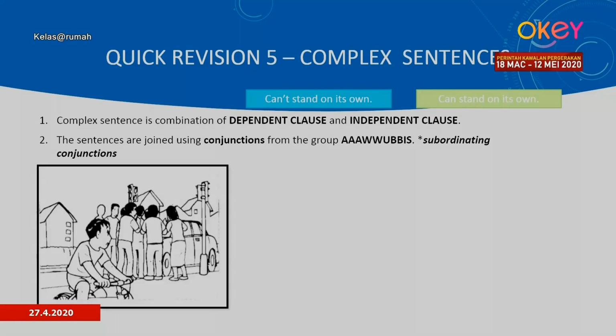Let's look at the example. Yes, the same picture. Let's say I have two sentences in my mind. The first one, since Aiman was curious. Next, he stopped to have a look at the situation. Alright guys, if you notice, the first sentence, since Aiman was curious, something is not right about it.